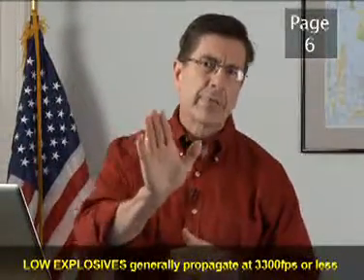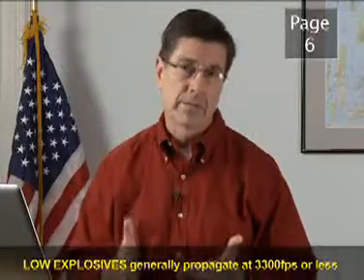What that means is you get the initial little piece of the low explosive that explodes, and then as that releases heat, it burns the next little piece of explosive, and the explosion propagates by the burn front. Low explosives generally propagate, depending on the exact circumstances, but a good rule of thumb is at 3,300 feet per second or less.